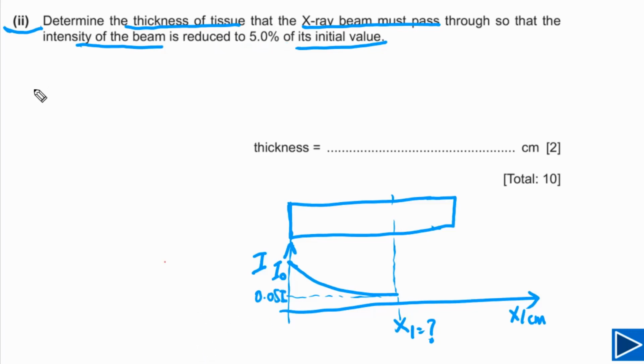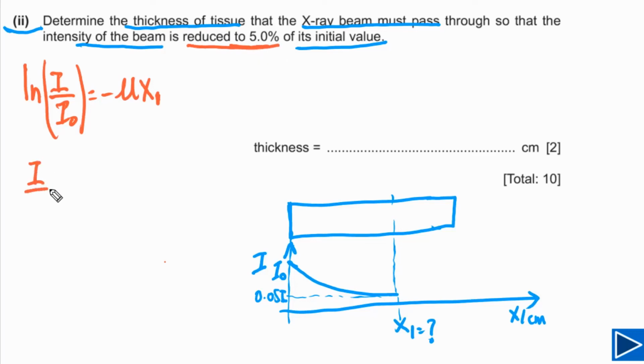Let's try to find the value of x1. We have already discussed that ln of I over I naught is equal to negative mu times x. In this case, we said x is equal to x1, so we will use x1 here. But the value of I over I naught is given to us: the intensity is reduced to 5%.